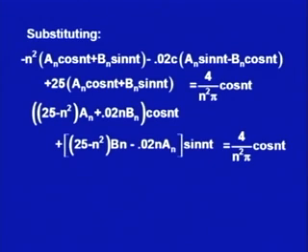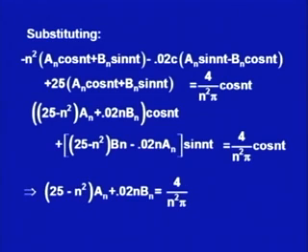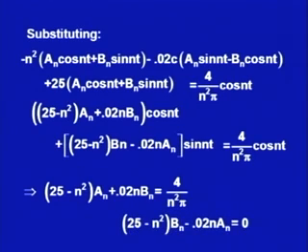Now, equate the coefficients of cos nt and sin nt on both sides, and we get two equations. One is (25 minus n square) a_n plus 0.02 n b_n equal to 4 upon n square pi; the coefficient of cos nt has been equated. The second is the coefficient of sin nt: (25 minus n square) b_n minus 0.02 n a_n, and the right hand side is 0.